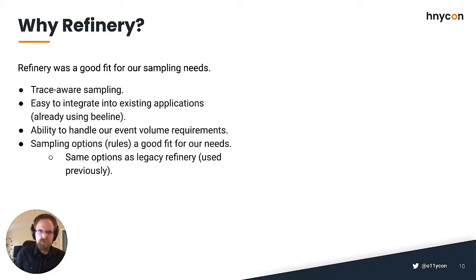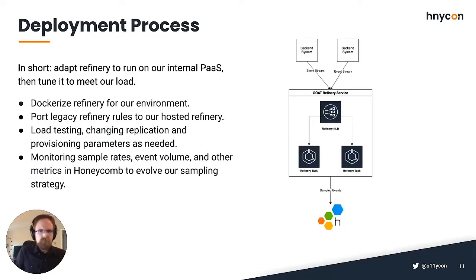We know this because it powered the legacy Refinery product behind the scenes at Honeycomb. This is something we used for a good long while before it was deprecated, and we know that it worked well for us. So that's, in a nutshell, why Refinery was attractive to us for sampling our Honeycomb event volume.